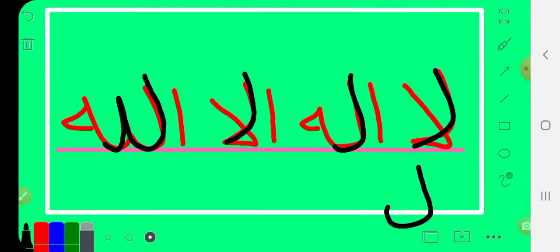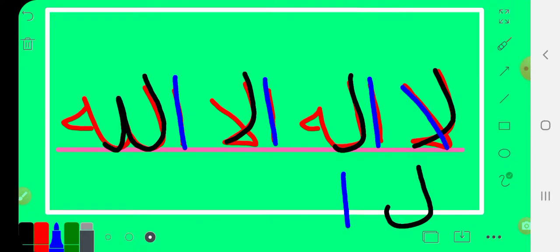The second letter is the alif, which is straight, 1, 2, 3, and 2 that's angled when it's attached to the lam. So in fact, it comes from the bottom up. Those 2 will be written from the bottom up.